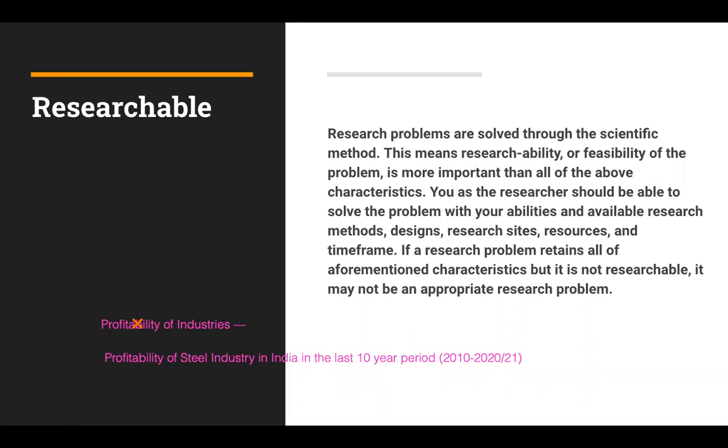Practically, is it researchable? Is it practically approachable? So it has to be researchable. I specified time, I was specific about the area, I was specific about my research idea, everything was clear. But it is practically not researchable. Following all of you?